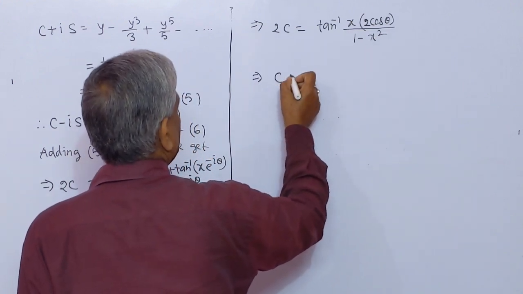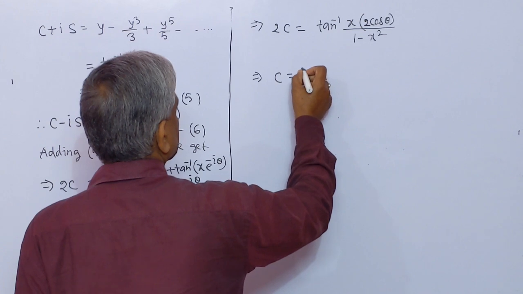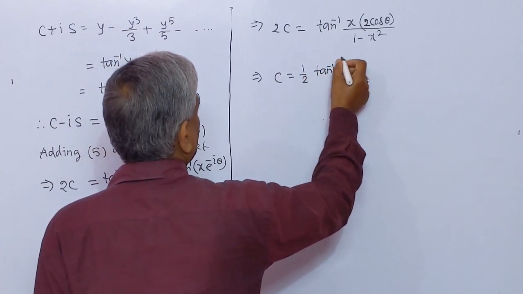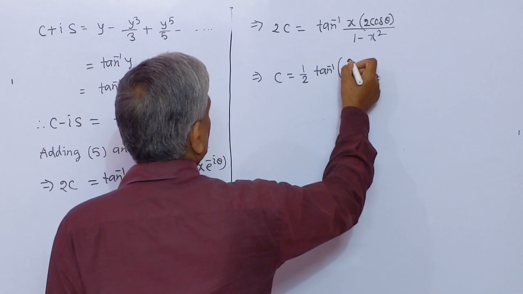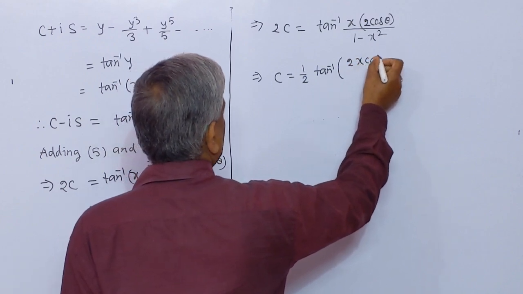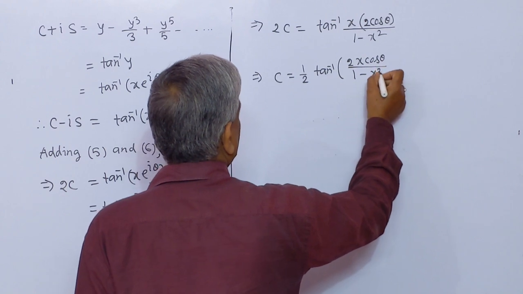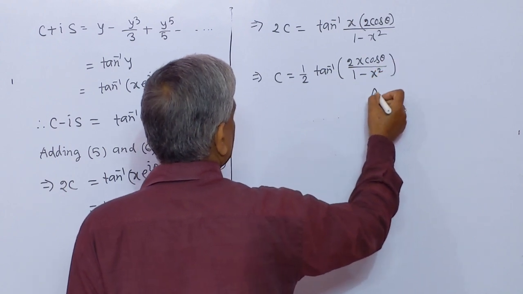This implies that C equal to half tan inverse 2x cos theta by 1 minus x square. This is the required answer.